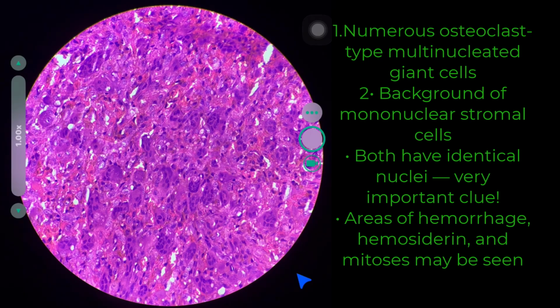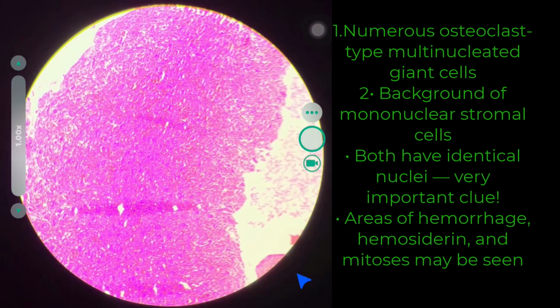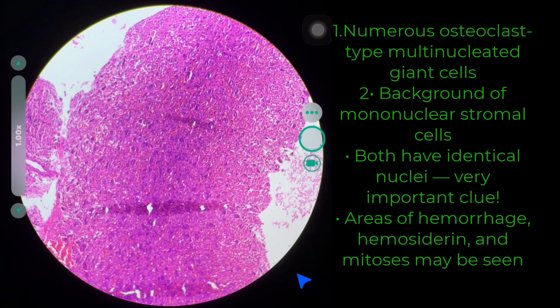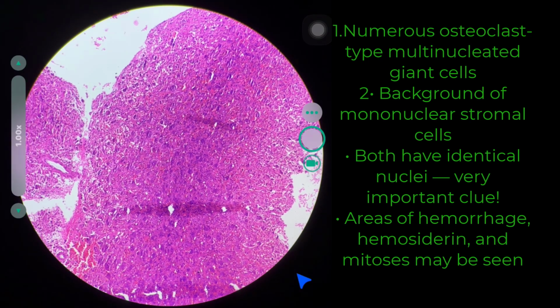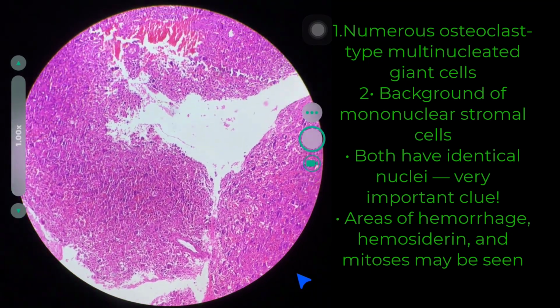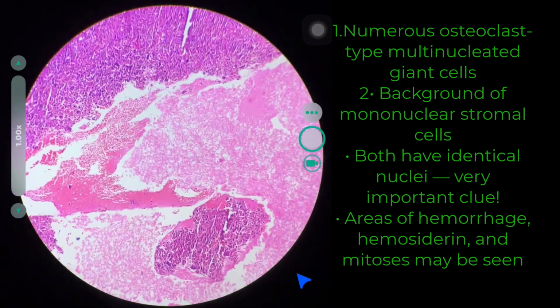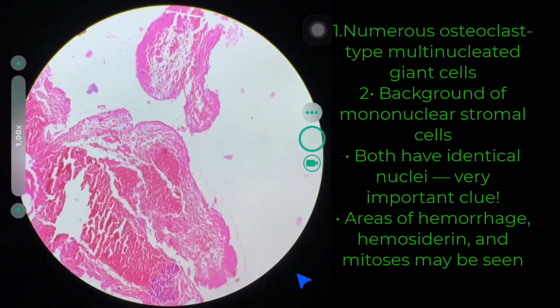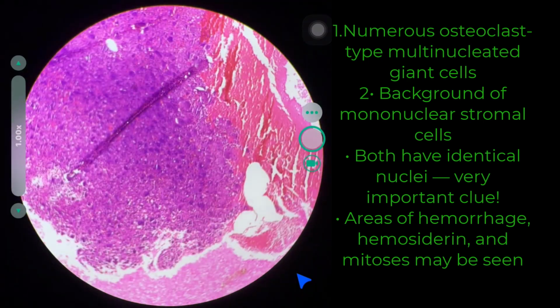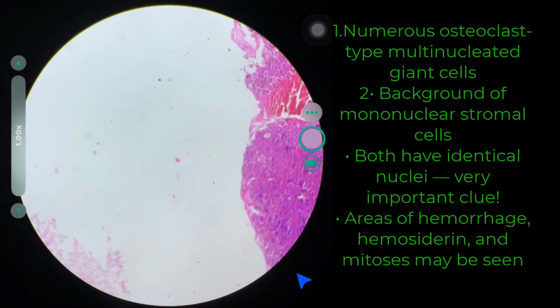And when we see under the low power view, you can see the tumor is in the form of lobular architecture, and areas of hemorrhage are seen here.